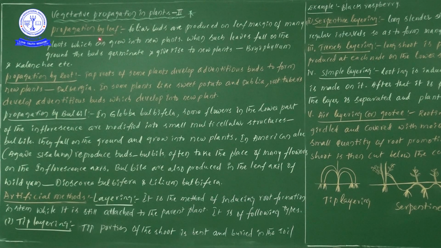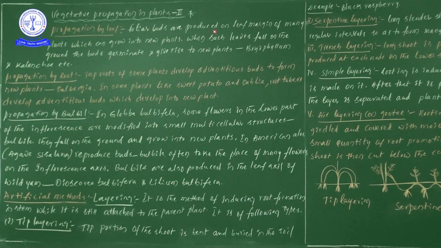Now, propagation by leaf. Foliar buds are produced on the leaf margins of many plants. So the buds which are present at the leaf margins, we simply take them as foliar buds.